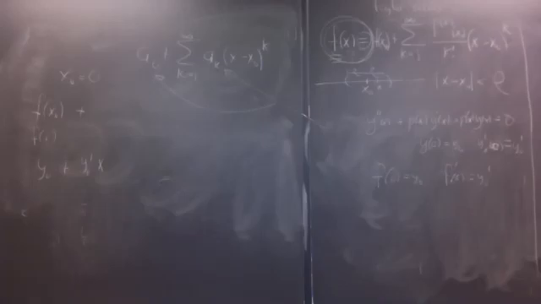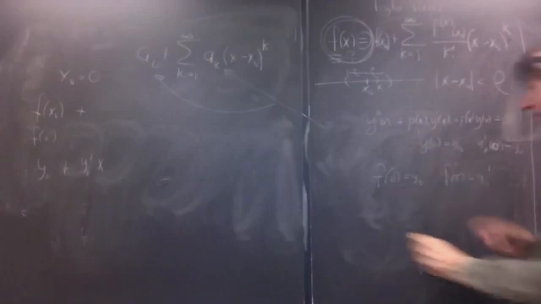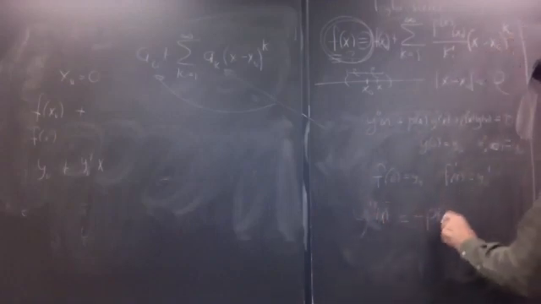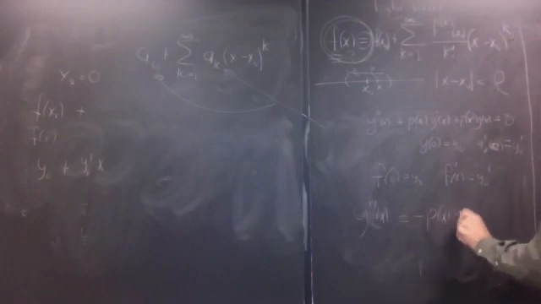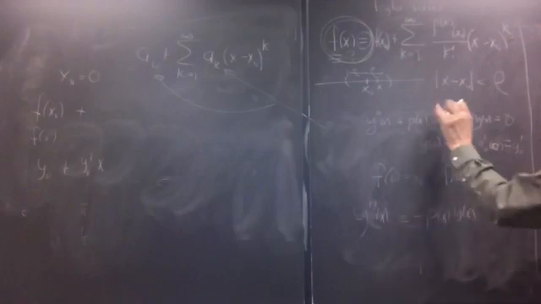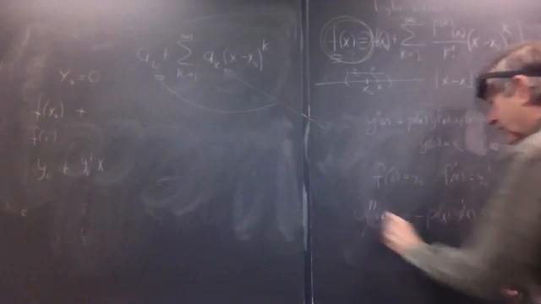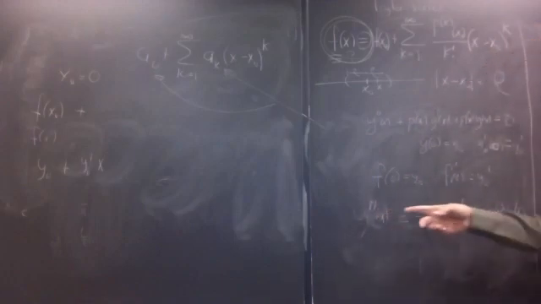And I have a second order equation, so I can solve the second equation for y double prime. It's minus p of x, y prime of x, sorry, and minus q of x, y of x. So I've got an equation. If I just rewrite it, I got that.